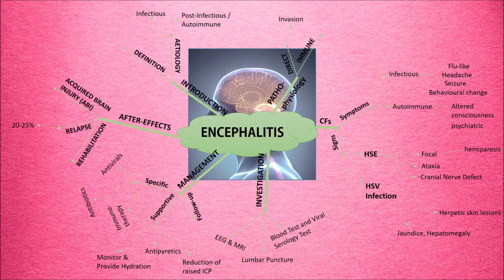Examples are Mycoplasma pneumoniae, Borrelia burgdorferi, which is associated with Lyme disease, rickettsial infection, and Bartonella henselae, which is associated with cat scratch disease. These are examples of bacteria that can lead to bacterial encephalitis.